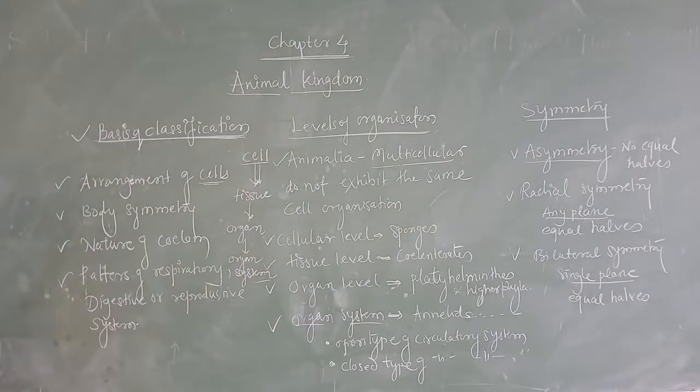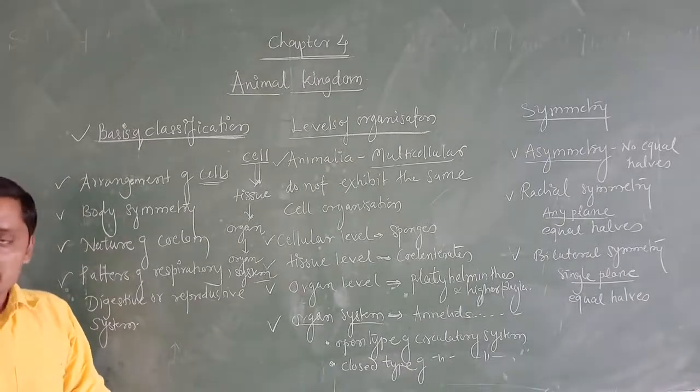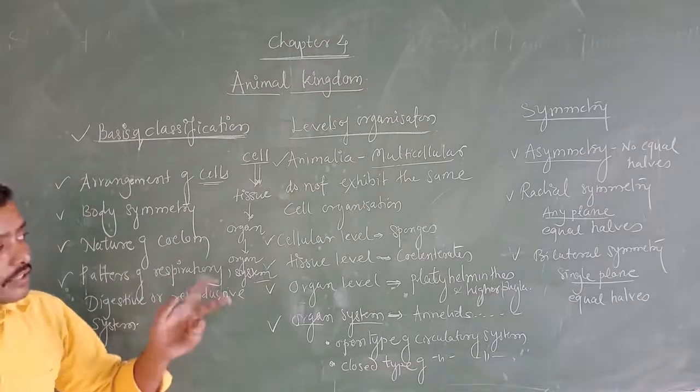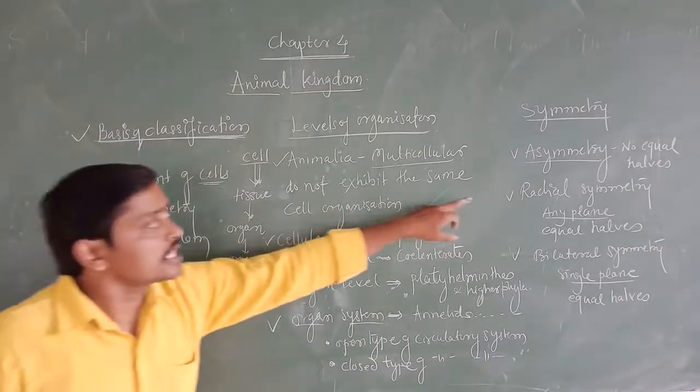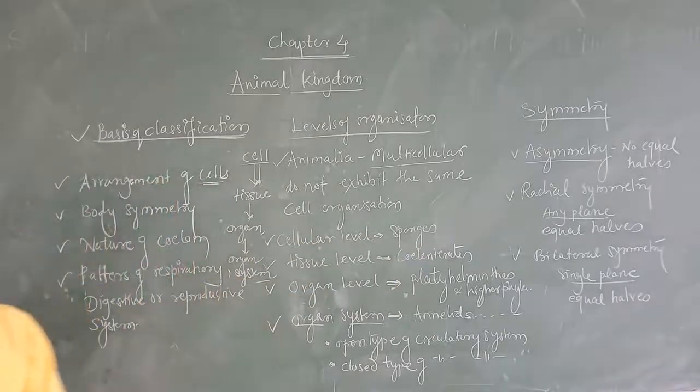Radial symmetry in the sense when an organism is cut in any plane passing through the center, the organism is divided into two equal halves. Such type of symmetry is called radial symmetry.